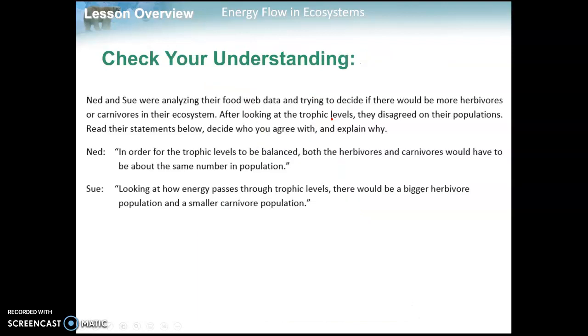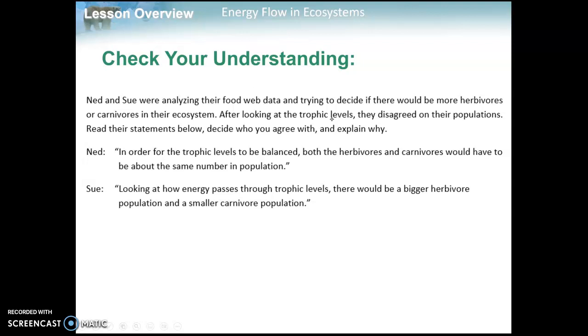So your notes have two students who spend time discussing how their ecosystem should look based on what they learned about trophic levels. And so Ned and Sue are analyzing their food web data, trying to decide if there would be more herbivores or carnivores in their ecosystem. After looking at the trophic levels, they disagreed on the populations. Read the statements below, decide who you agree with, and explain why.